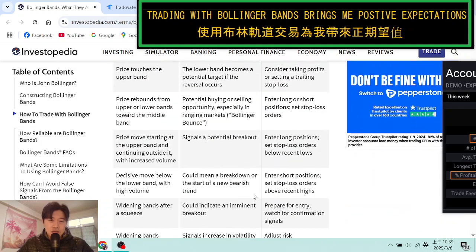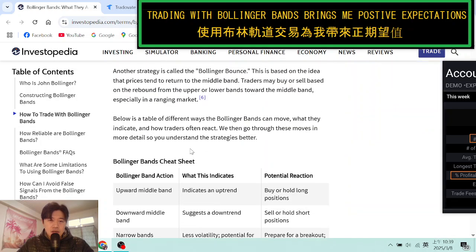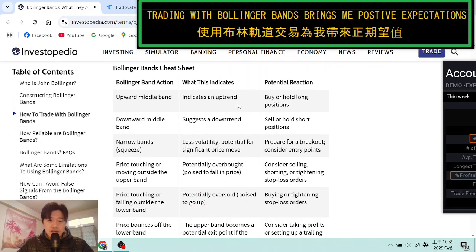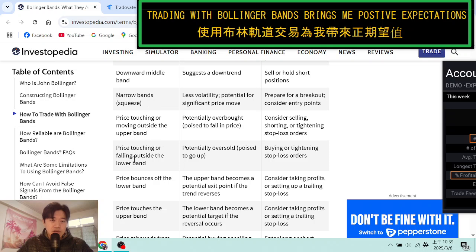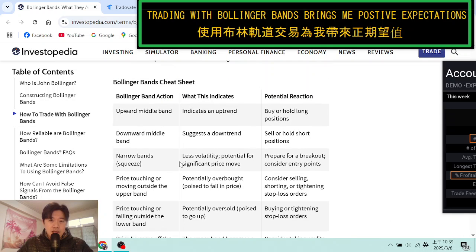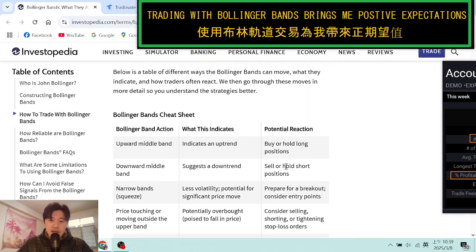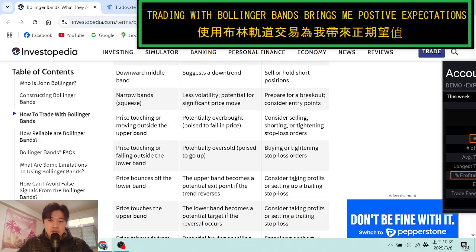And here it shows you some strategies you can use for this Bollinger Bands action. It says when the bands go up or down, or narrow or extend, what it means, and what kind of potential reaction you can take in the market.